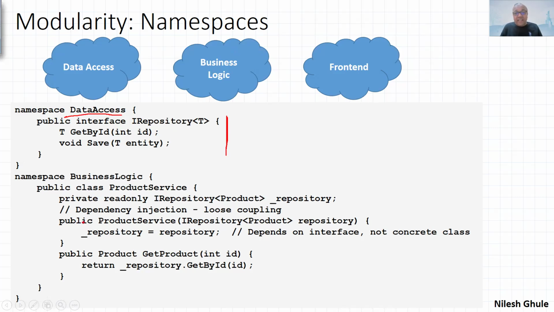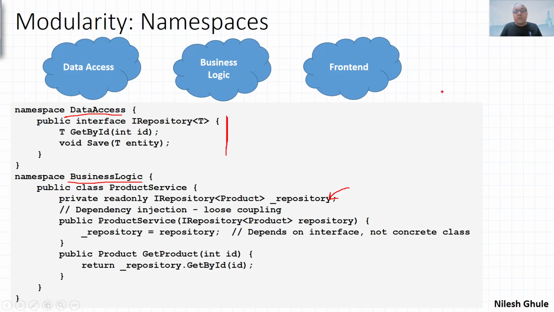Then we can have another namespace like business logic, where we will have all my business logic work. And in this business logic, if you need access to the database, you can access it via the interfaces. Typically, you will find that these components, which are separated into namespaces or modules, are connected well with each other via the interfaces, via the interface contracts that you can see over here.